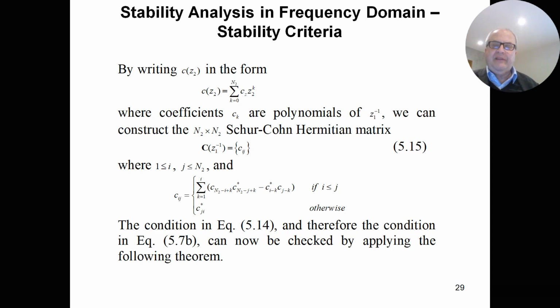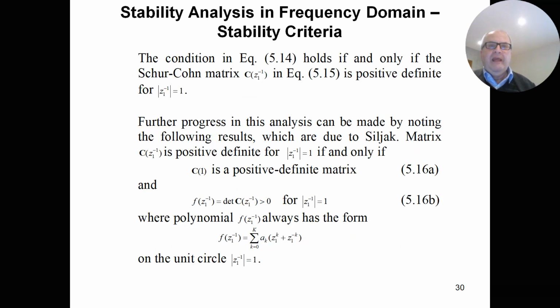Where is the Schur-Cohn matrix? The Schur-Cohn matrix is given by equation 5.15. Further progress in this analysis can be made by noting the following results, which are due to Siljak. Matrix C(Z1) is positive definite for absolute value of Z1 equal to 1 if and only if you have these two conditions.